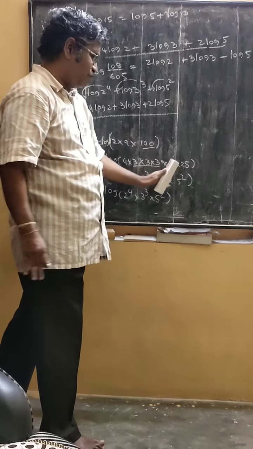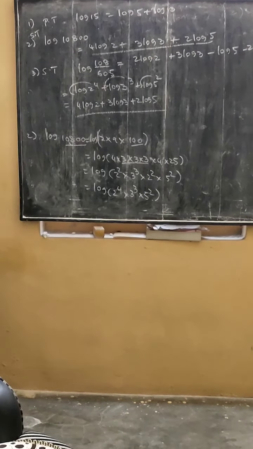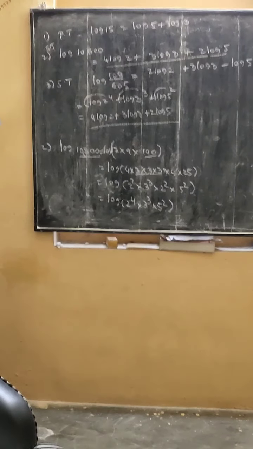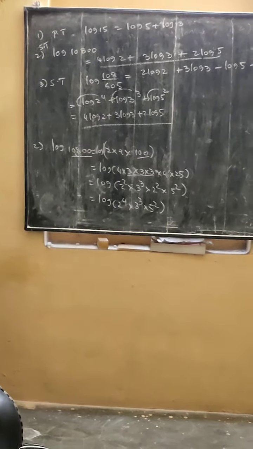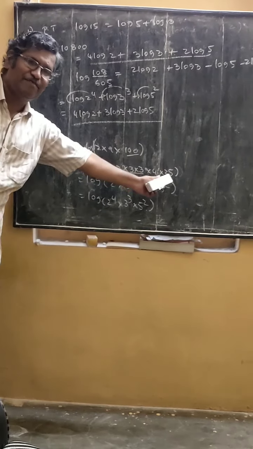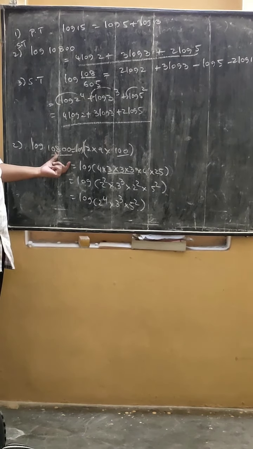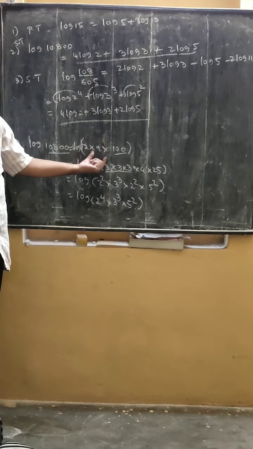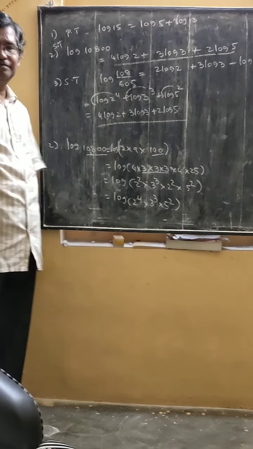If you write 100 as 4 into 25, you will get it. So it is a very easy method. Here two formulas are used: the logarithm of a product and the logarithm of a power. Both are used here.